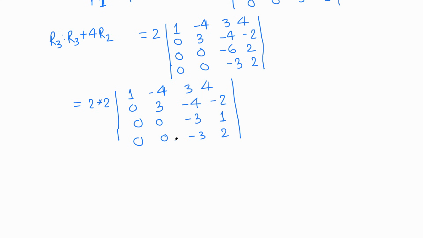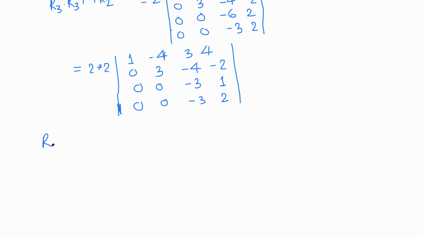Now we make this element 0 on R4, so let's do that. R4 plus, do not multiply by anything here, R4 plus -1 times R3.